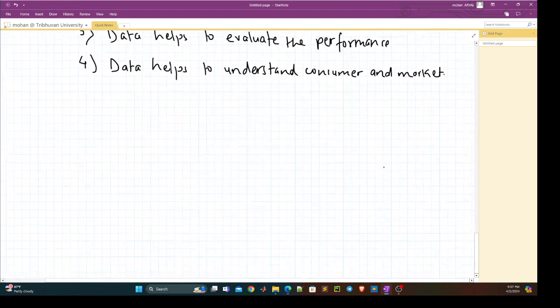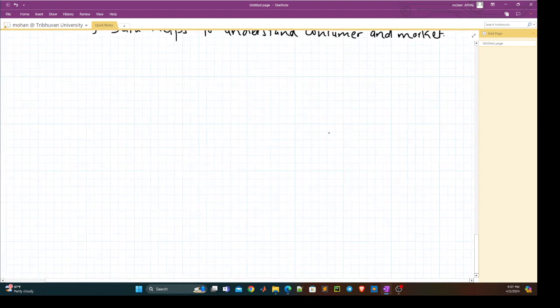And the next one is about data analytics. Okay, let's see the process, right? What is data analytics? Now I'm going to write one definition.